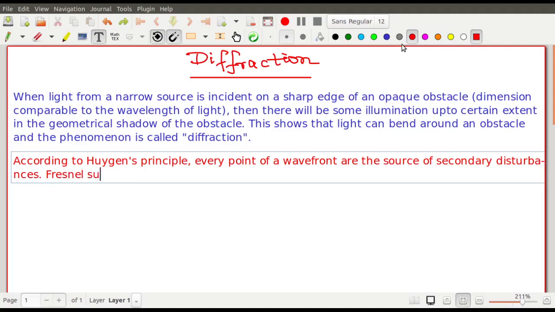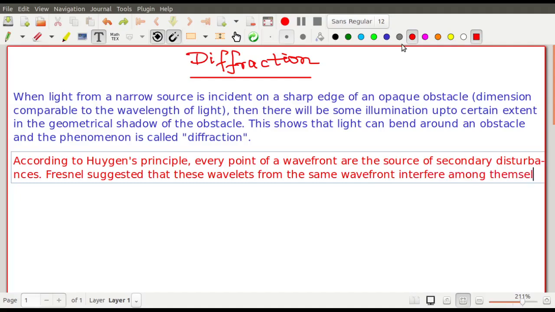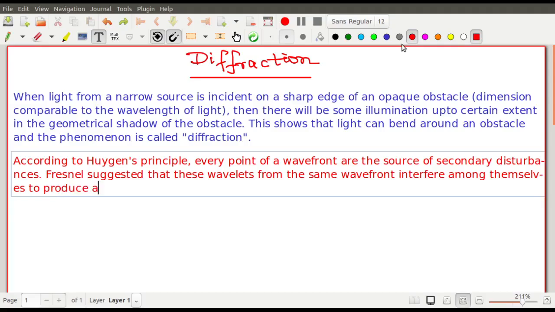Fresnel suggested that these wavelets from the same wavefront interfere among themselves to produce a phenomenon called diffraction.